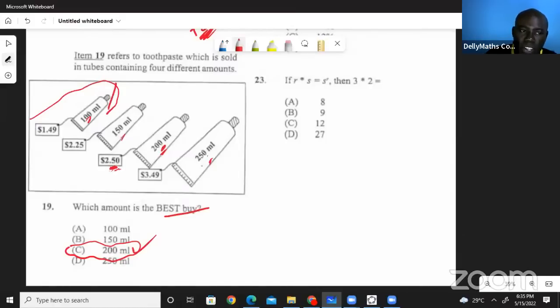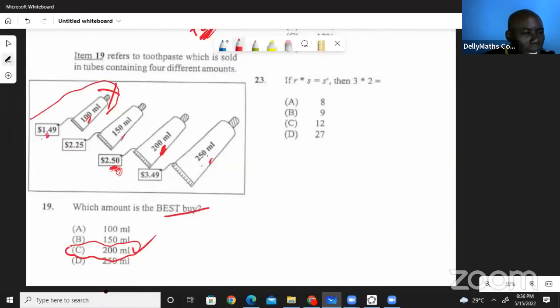So the 100 amount is not the best to buy, because the 200 is better. If you double this money, you're almost going to get $3, about 2 cents away from $3, when this is $2.50 for 200. So 100 is selling too expensive.